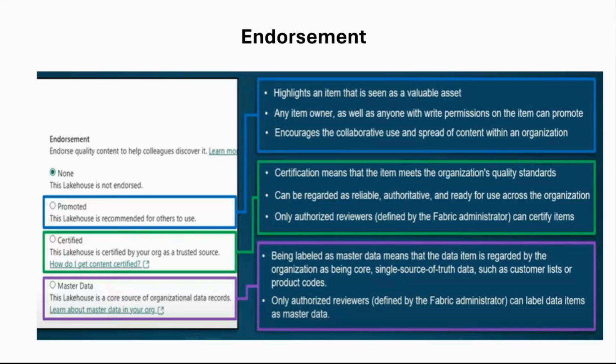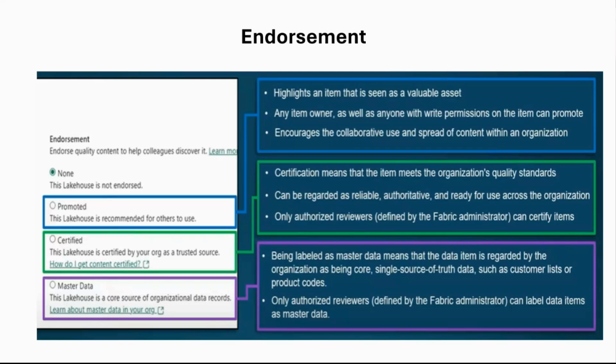So endorsement ensures that reliable, high-quality data processes and content are easy to find within your Microsoft Fabric. We had seen adding tags, domains. This is another form of data governance aspect.